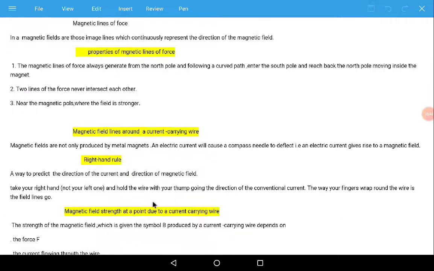Now, how to determine the direction of the electric current and the direction of the magnetic field? The magnetic field lines around a current carrying wire. The wire is carrying current, a conductor. Now, the first rule is the right hand rule.